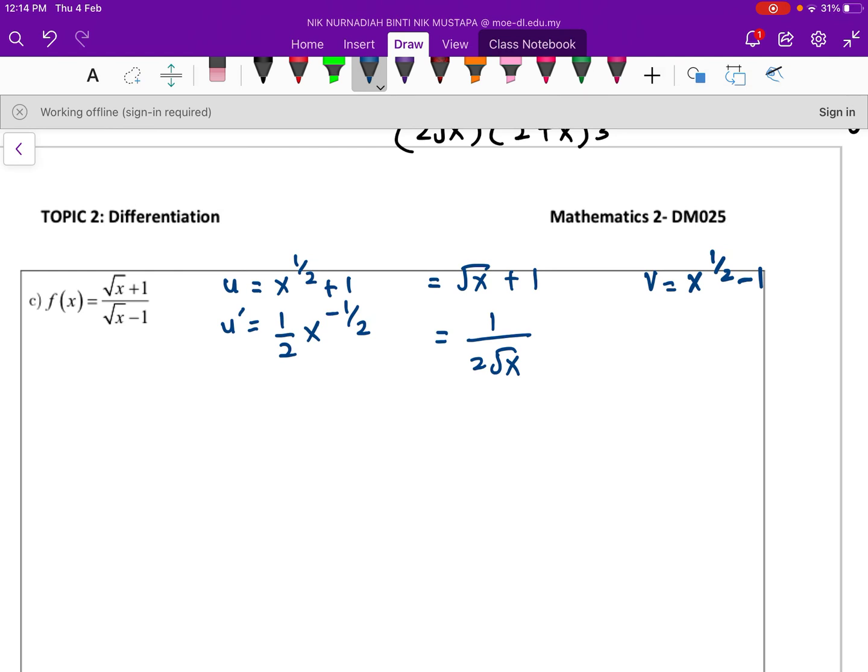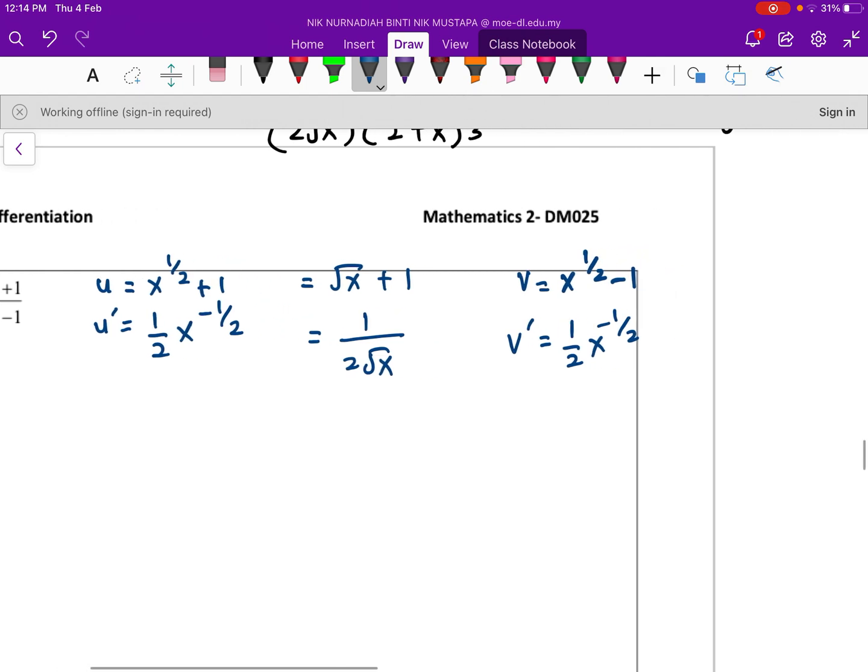Okay, so our v prime is half x to the power of negative half. Okay, here is set x minus 1. Here is 1 over 2 set x.